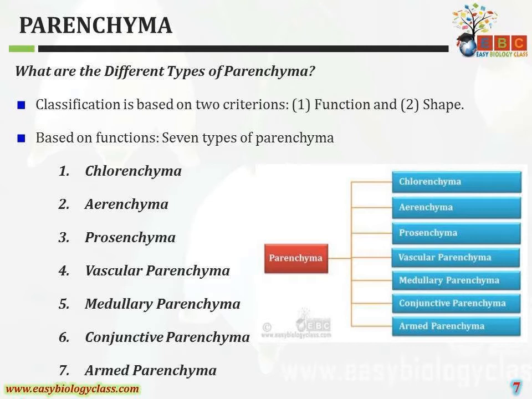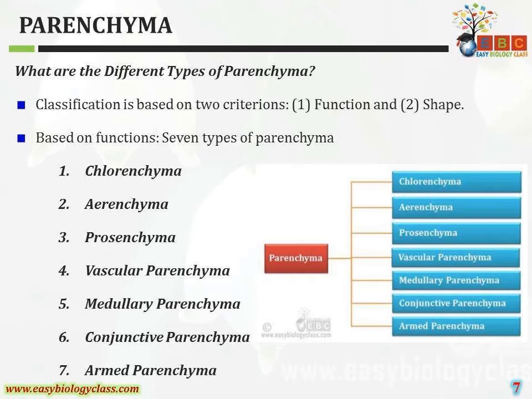We have some other forms of parenchyma as well. I will name all of them, and then we will go into the detail of some of them, because the details of each and every parenchymatous tissue are not required. So we will learn the names of a few types of parenchymatous tissues, and we will learn the details of only a few more.